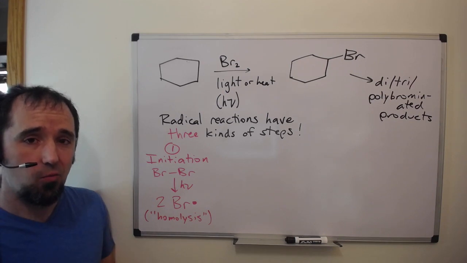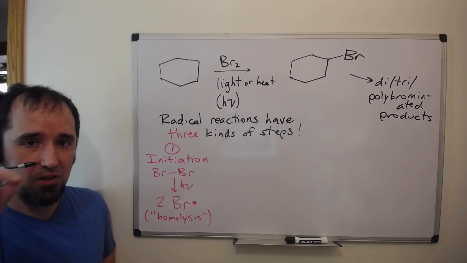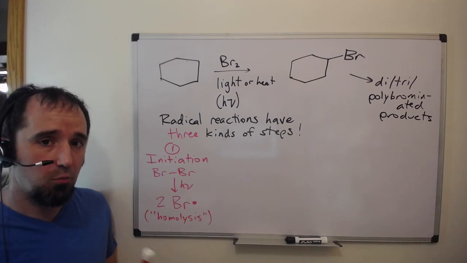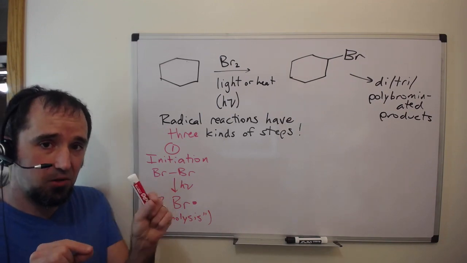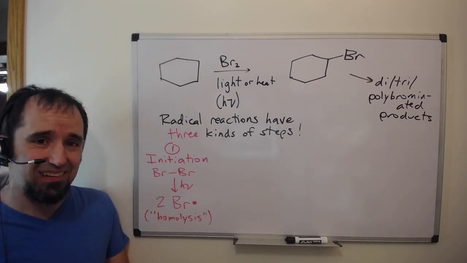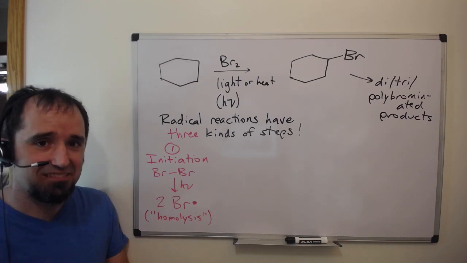So the product of that is two bromine radicals. Again, we're used to breaking bonds in this class, but we almost always break a bond where both electrons in the bond go one direction or the other. That's not happening here. Here we're breaking a bond and half of it goes one way and half of it goes the other way. We'll call that homolysis, cutting the same, from the Greek.